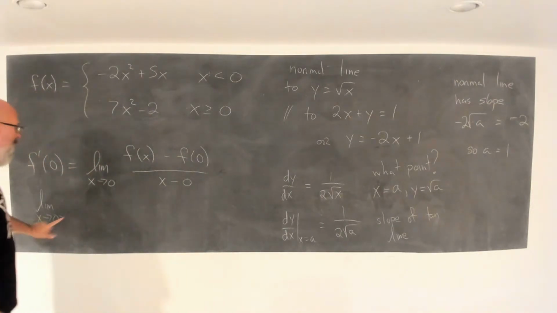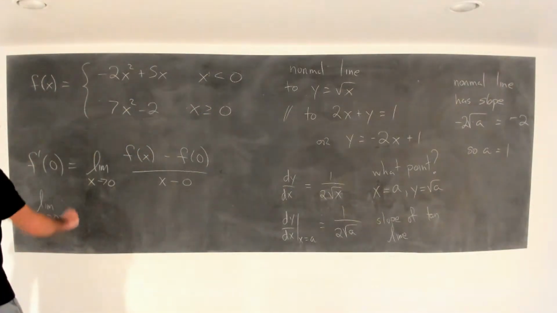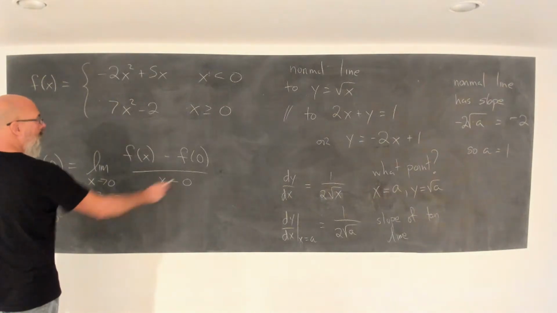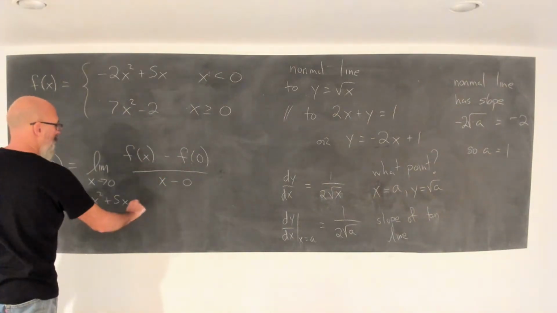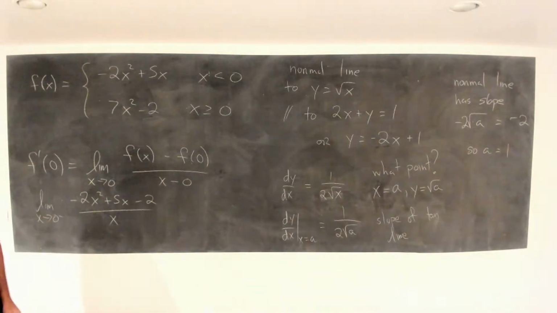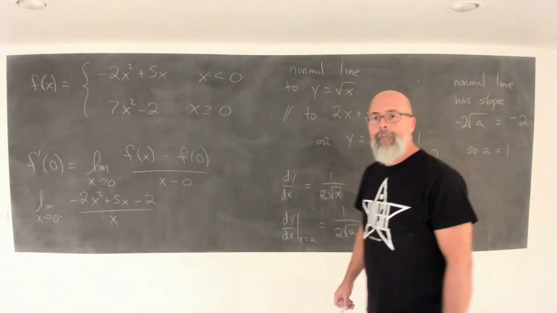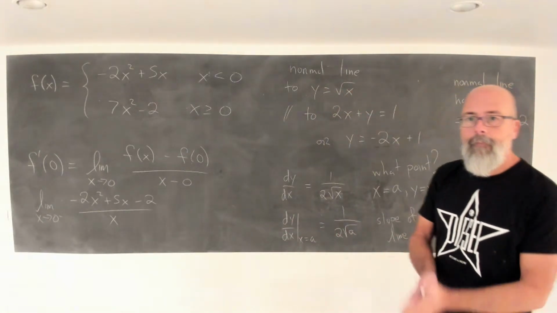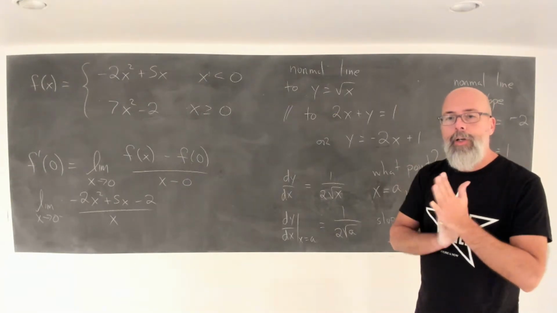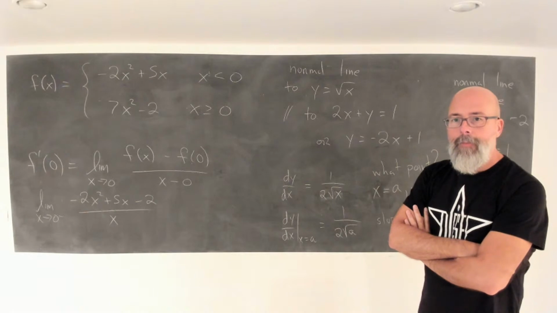For values less than 0, this is the function you're using: minus 2x plus 5x. f of 0 is minus 2 over x. This is what we're doing. I don't know why you say over 0, but yeah.